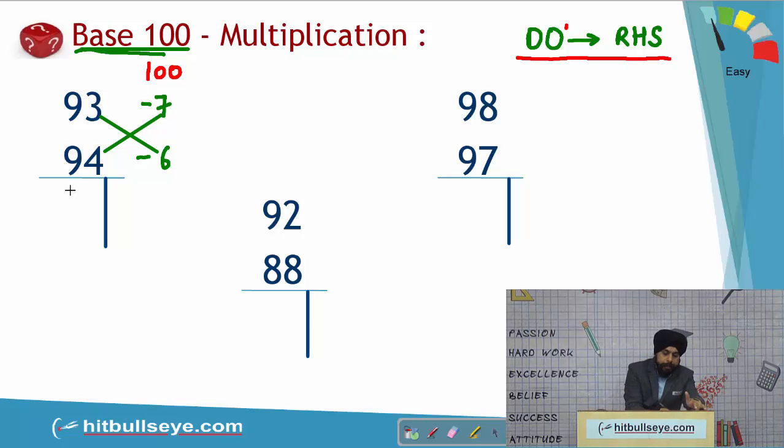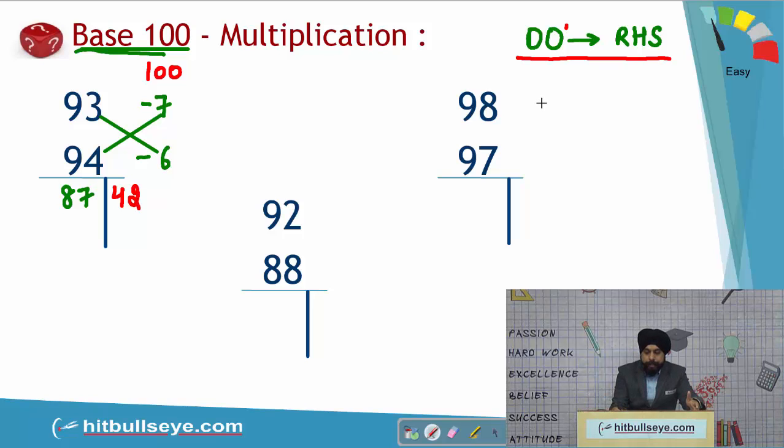Both ways you are getting the number 87. Now right hand side you have to do -7 into -6. What is the product of -7 and -6? It is a positive 42, students. So that will be just placed on the right hand side. Your question to the answer shall become 8742.